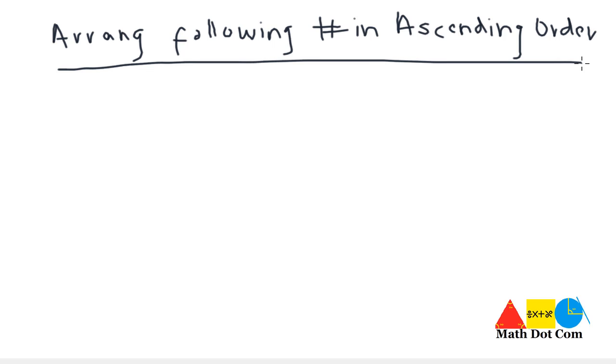Okay, and if we keep the concept of number line in our mind, it means from left towards right, because when we move towards the right, the numbers are in increasing order. So we have a list of numbers as 0, -5, -2, 4, -1 and 3.